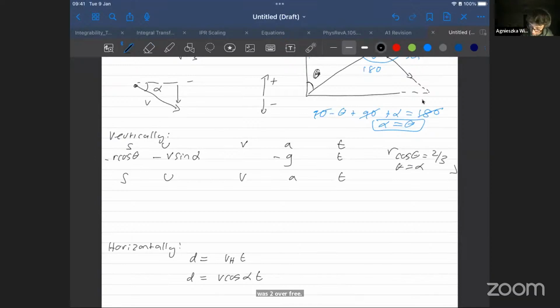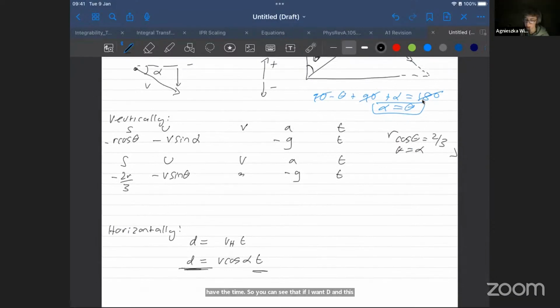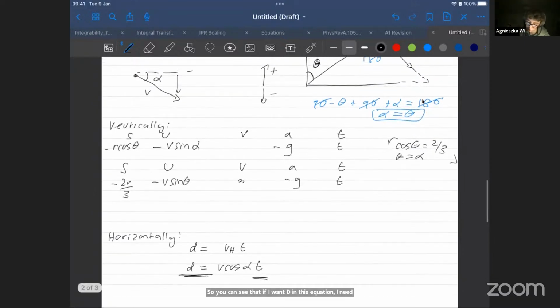So if I write it here, I get minus 2r over 3, minus v sine theta. Then we don't care about this. We have minus g and we have the time. So you can see that if I want d in this equation, I need to find t, because I know what v is, I know what alpha is equal to. So I need to find t using the vertical Suvat equations.